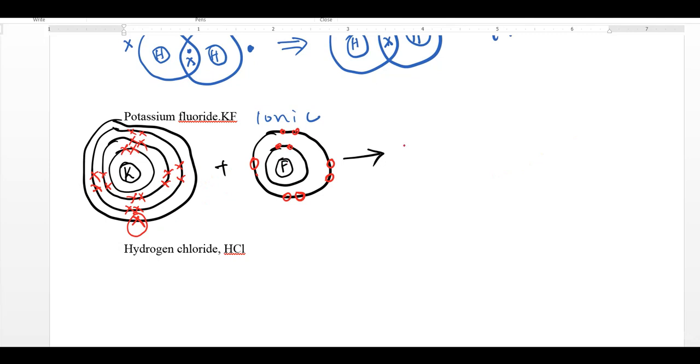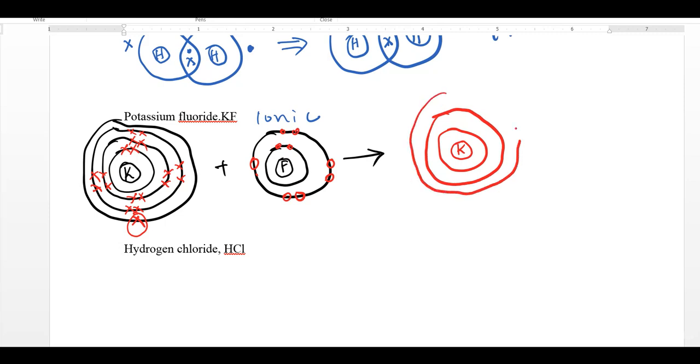So finally, you draw potassium with now 3 energy levels, because it has lost the outermost one. You put the remaining electrons here, and then you draw fluorine. You need to put this sign here. Because it has lost 1, you put positive here, and then fluorine F.